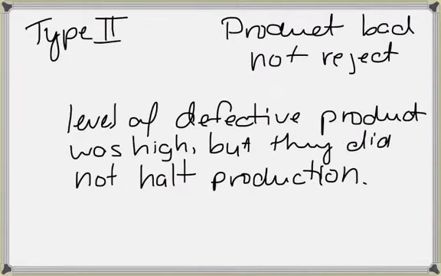Whereas if you think about type 2, they are sending out bad products to their customers. And I really think that would be the worst, because they're sending out products that are no good. That means they're going to get complaints from customers, and overall that'll probably decrease sales in the long run. They might have to do a recall, something like that.